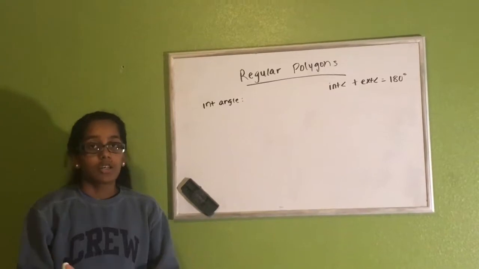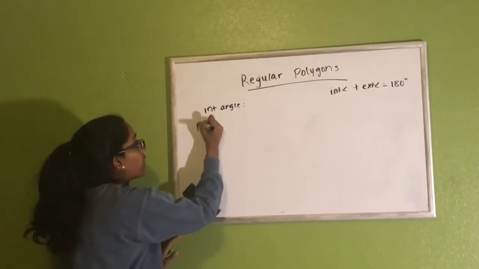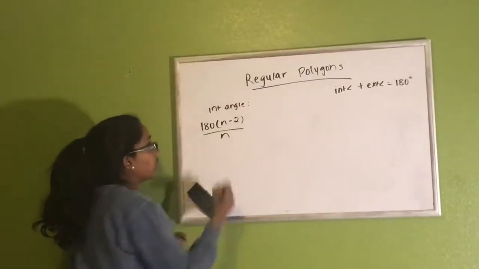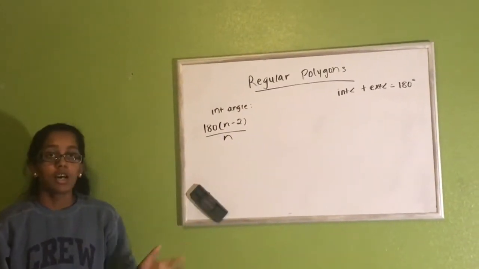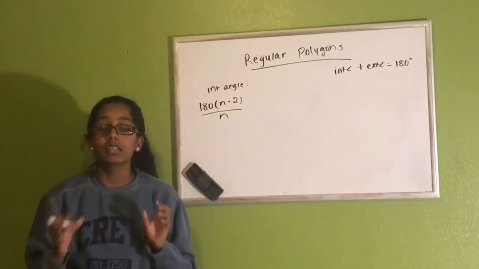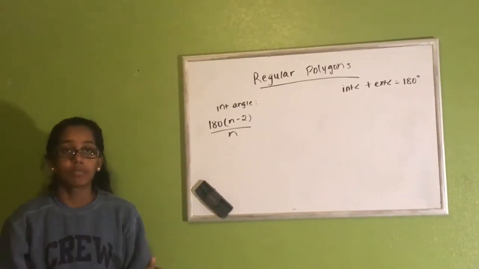The formula is very simple. It's 180 times n minus 2 divided by n, where n is the number of sides. Remember, this is only for regular polygons, because if it's irregular, the angle measurements can change.